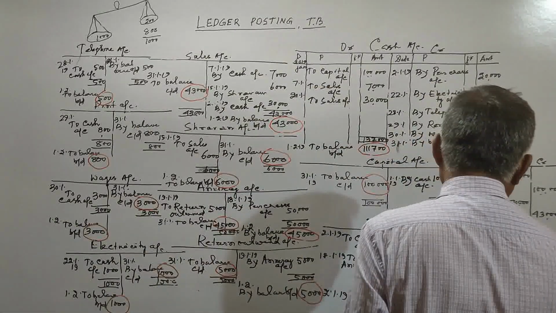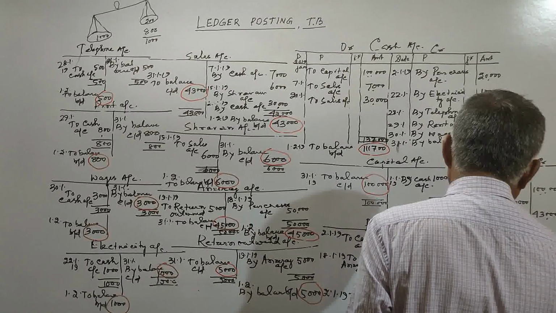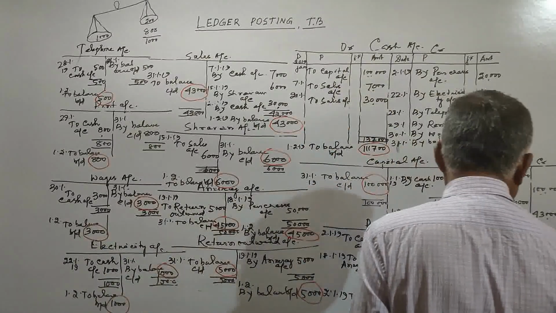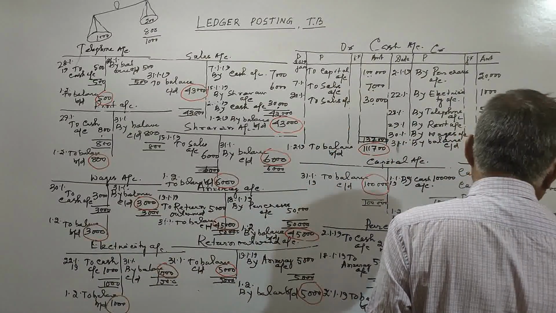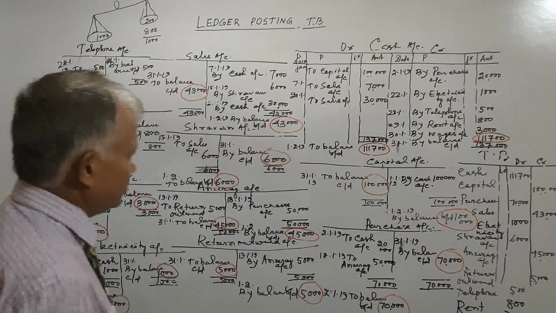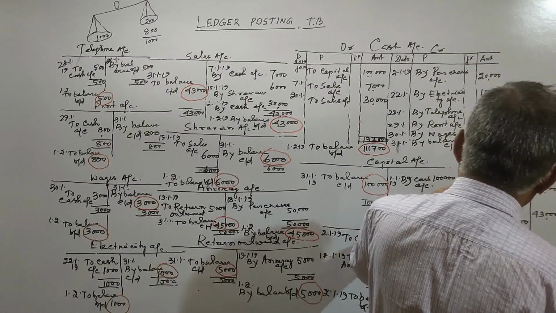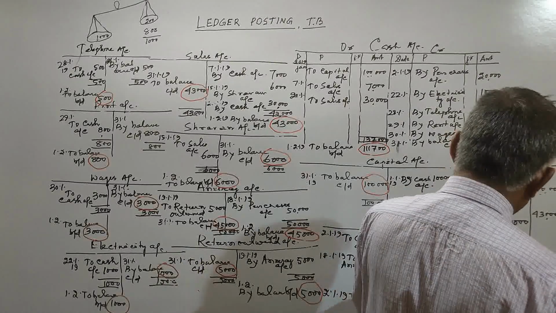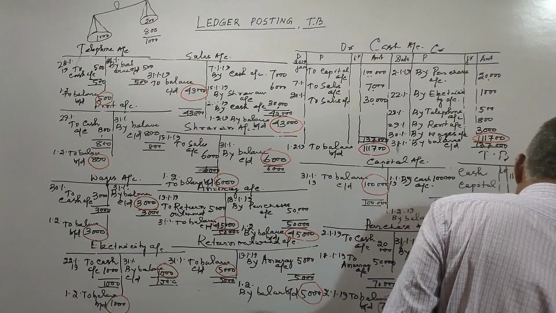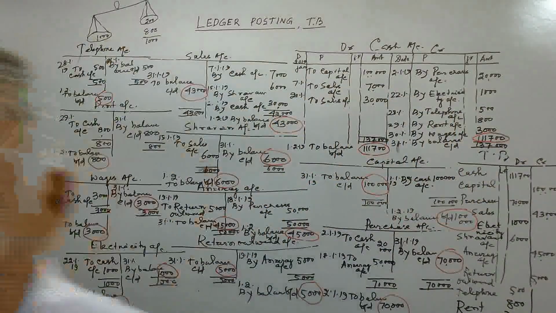Electricity, I am writing here electricity, it is 1,000. All debit, BD figure you have to take. So number of accounts 1, 2, 3, 4, 5, 6, 7, 8, 9, 10, 11. So let us make a total of the debit and total of the credit.